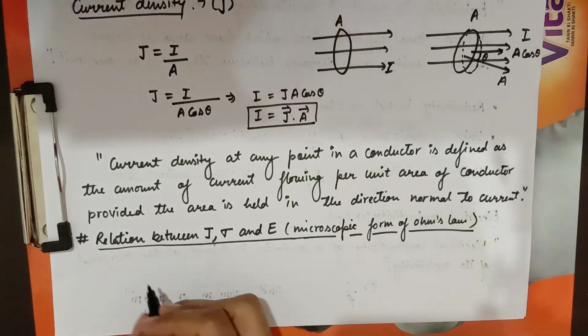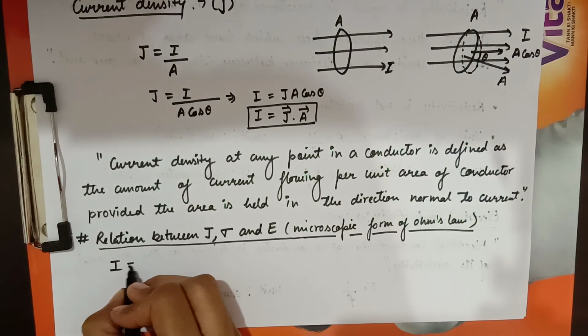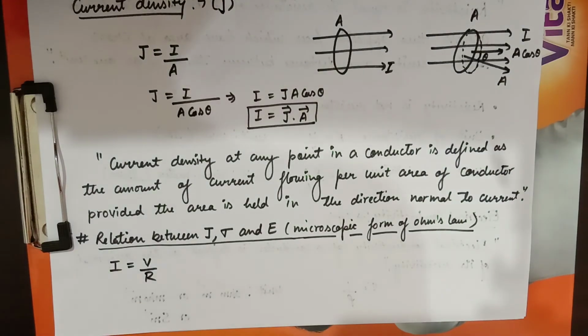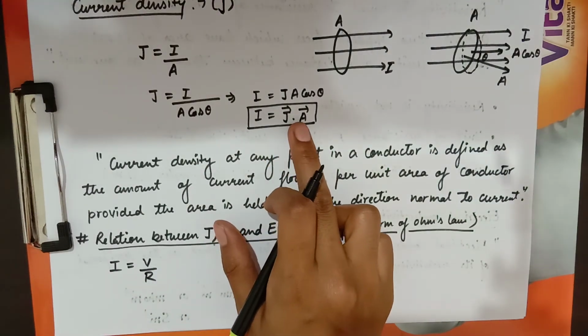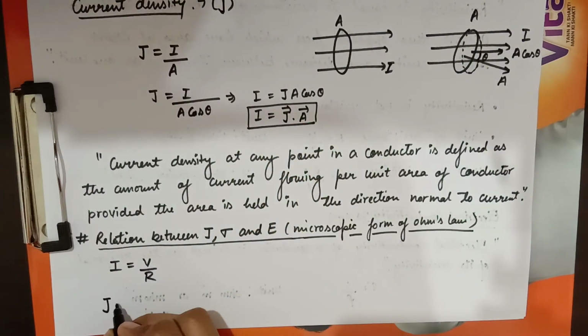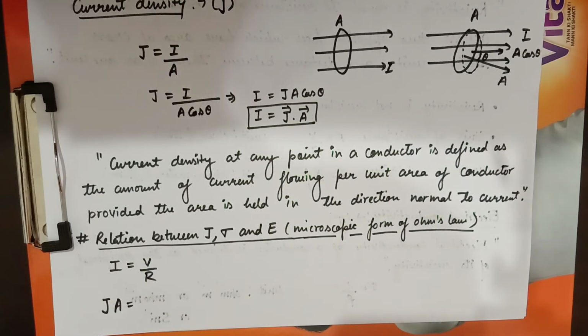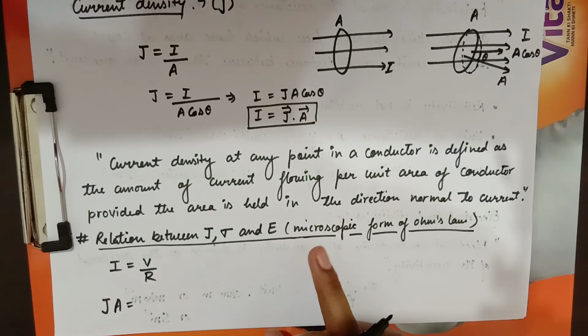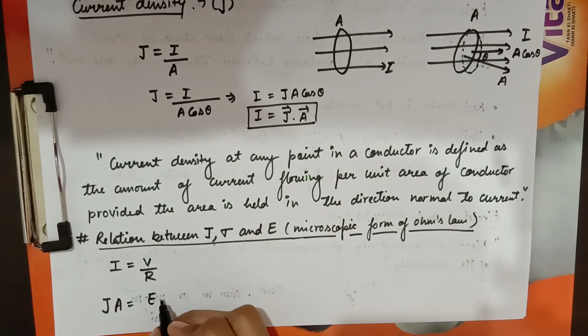From Ohm's law we know V is equal to IR, or I can be written as V divided by R, and I in terms of current density can be written as J into A. So I write J into A in place of I, and for V, the relation between E and V is E equals V divided by L. So V can be written as E into L, divided by R.